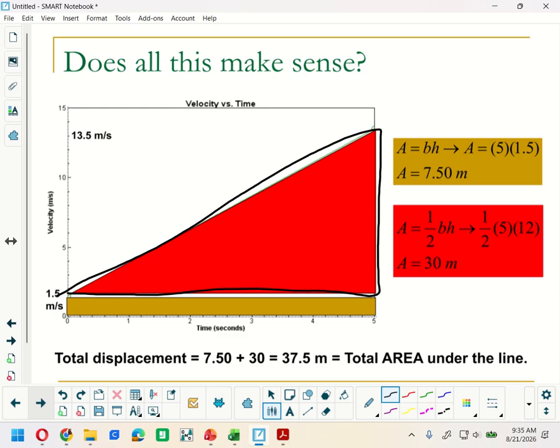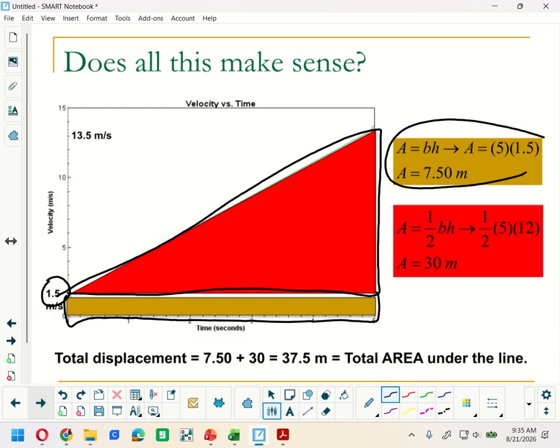This one here starts at 1.5 though, so I get a total distance for this one because I have a rectangle, a very skinny rectangle here, plus, since I'm starting at 1.5, my triangle is shifted up to that point right there.